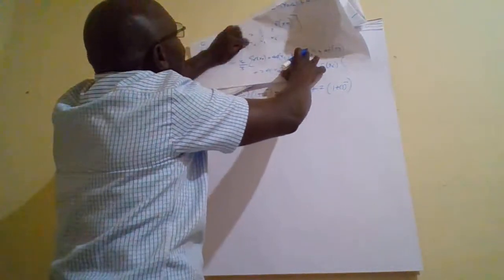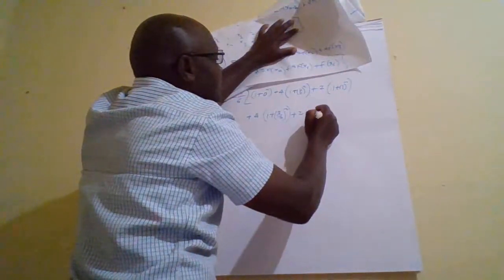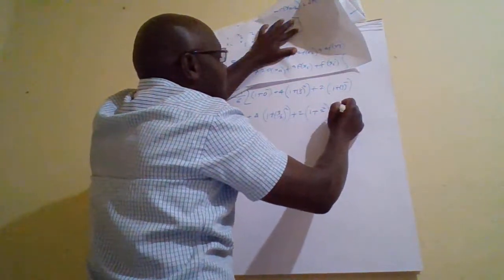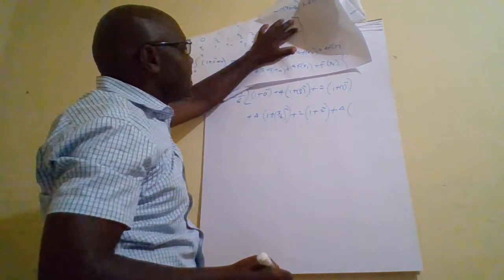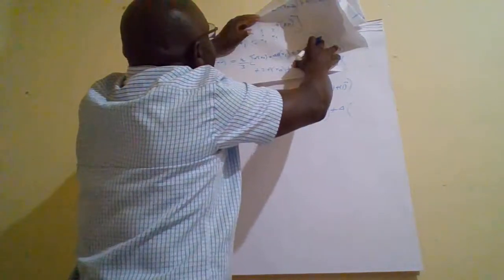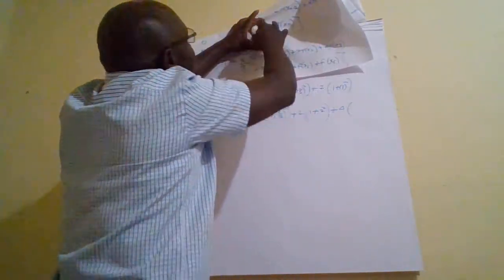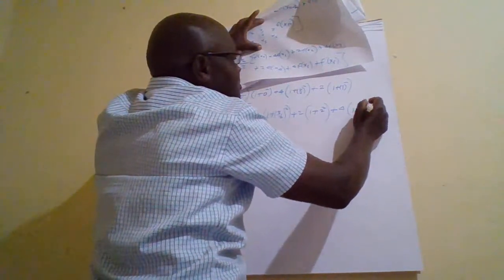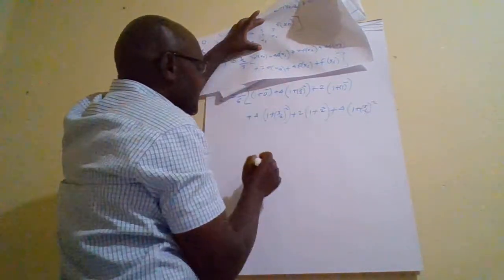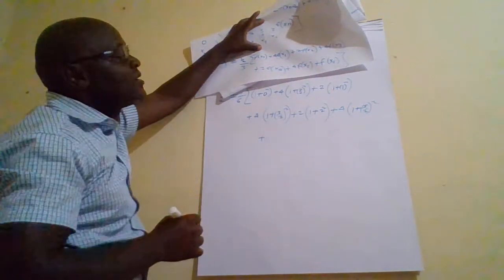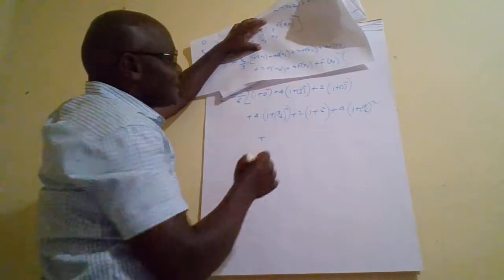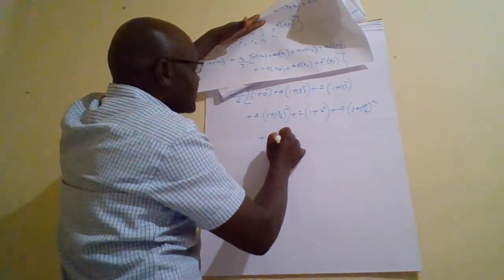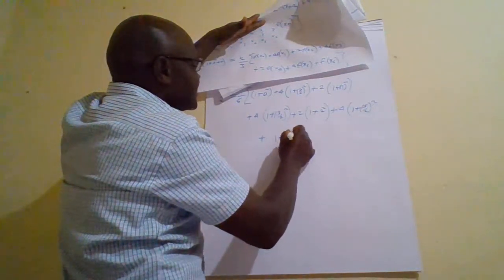Our x4 is 2, so it will be 1 plus 2 squared, then plus 4 into our x5, 1 plus 5 over 2 squared, then lastly plus the last x6 will be now 1 plus 3 squared.